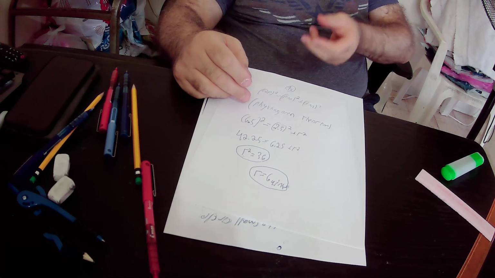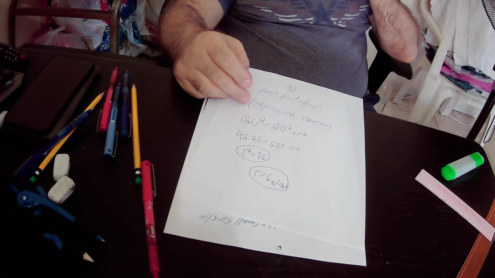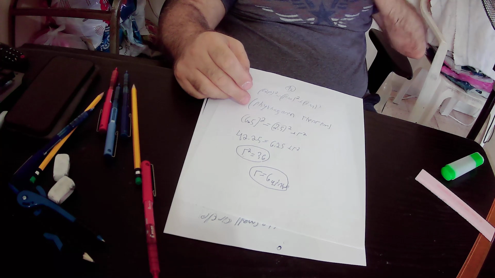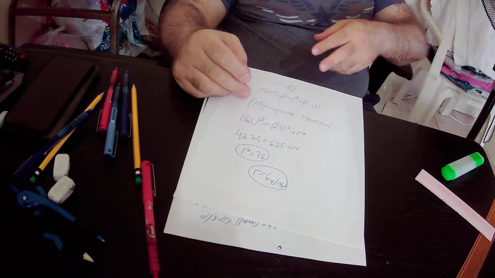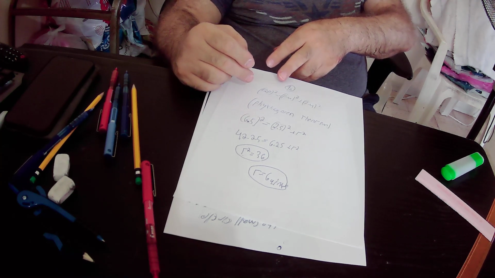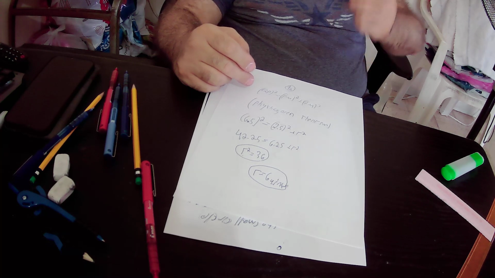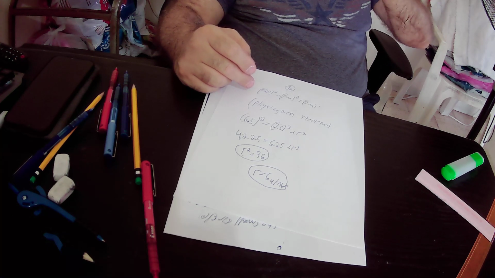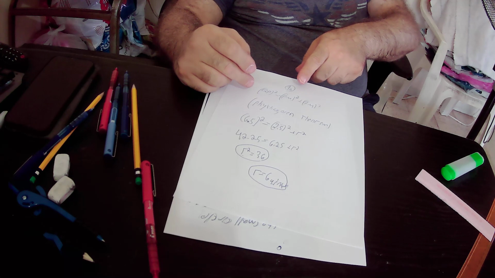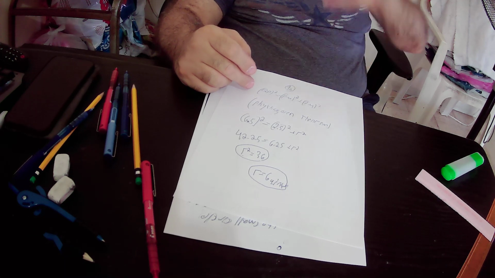According to the Pythagorean theorem, the square of the hypotenuse equals the sum of the squares of the perpendiculars. That is, QP squared equals PM squared plus QM squared.